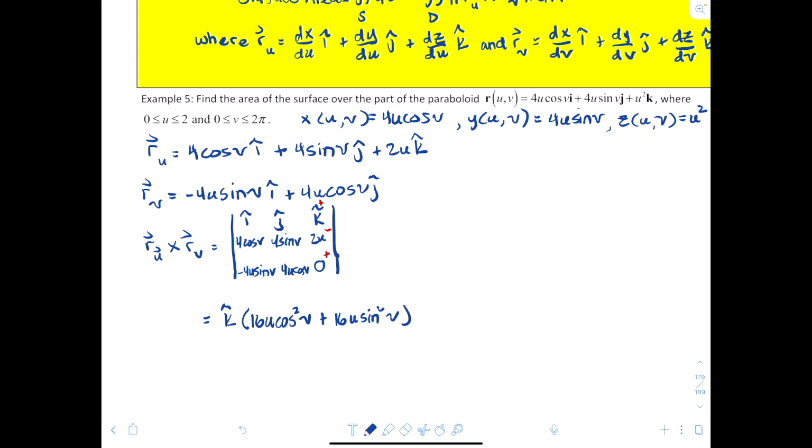And then the next one will be minus 2u times 4u cosine v times i, and then minus is plus again, and then we'll have 4u sine v times j.